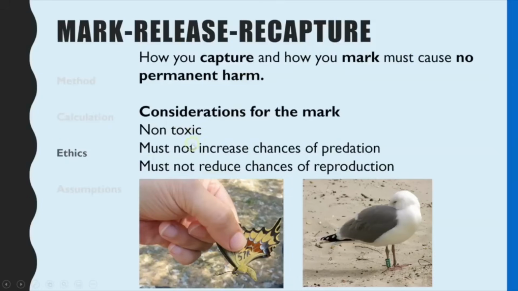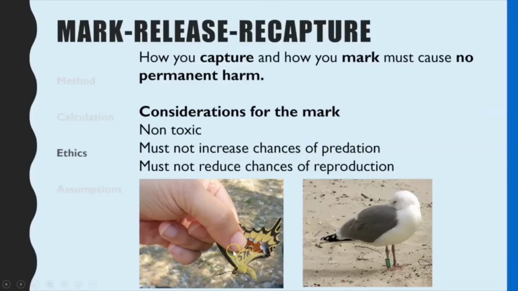For the mark, there is a bit more detail of what you'd need to say when you consider how you tag the animal or mark them. So number one, if you're going to be painting on a tag, so we can see that on this butterfly, they've painted on a particular number as a tag. The paint that you use has to be non-toxic. It has to be all weather resistant as well, but that's not ethics, that's practicalities. You also have to make sure that the paint that you're adding on, or if it is a physical tag like this one around the bird's leg, it must not increase their chances of predation.